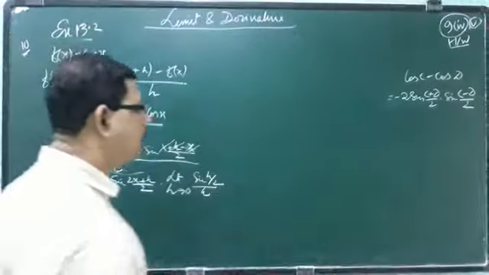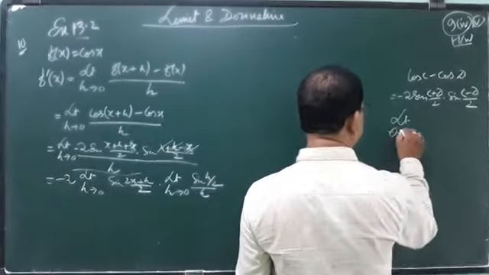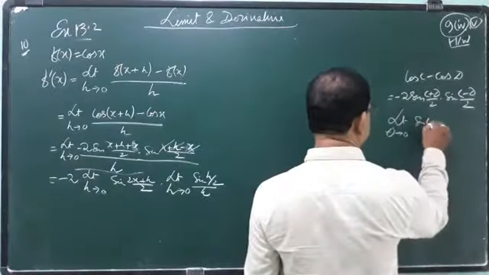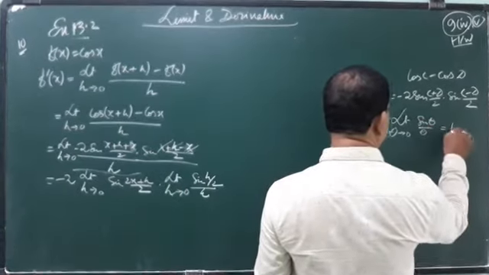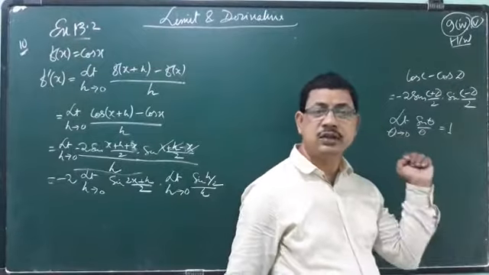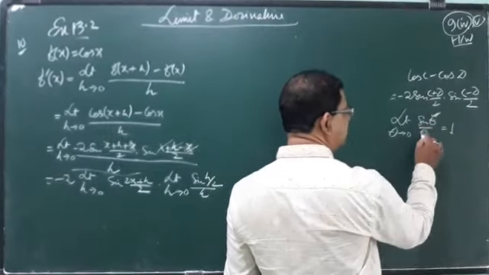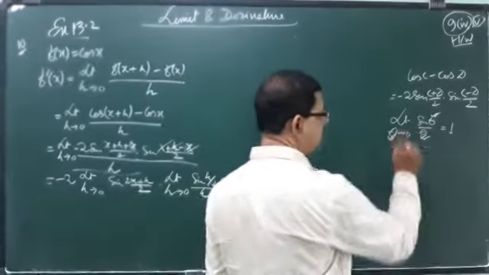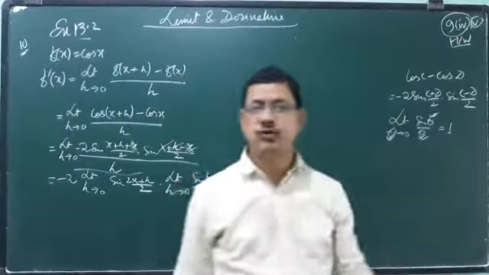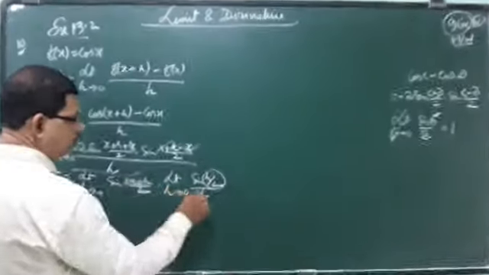Now again we will use one formula: limit theta tends to 0 of sin theta by theta is always 1. Of course, one thing you have to remember: this is theta, that is theta, then only it is 1. Three things should be the same. Here it is only h by 2, these two are h.